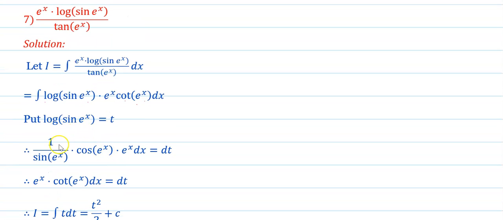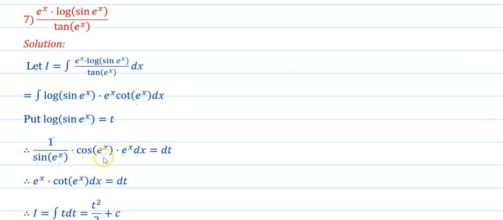Okay, then what about its derivative? Log of sin of e raised to x: 1 upon sin of e raised to x into derivative of sin of e raised to x, which is cos of e raised to x, into derivative of e raised to x into dx is equals to dt, because it is a composite function. What is the derivative of log of x? It's 1 upon x into d/dx of x is 1. Similarly, log of sin of e raised to x, its derivative is 1 upon sin of e raised to x into derivative of sin of e raised to x is cos of e raised to x.